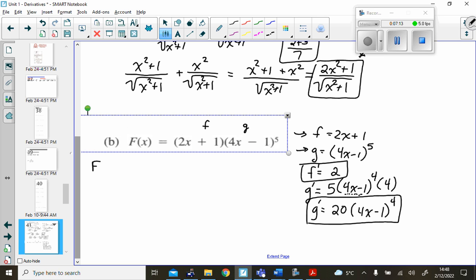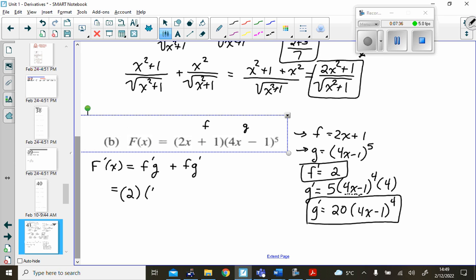To get the derivative of capital F, you do the product rule, which says derivative of the first times the second plus the first times the derivative of the second. Take the derivative of one thing times the other thing left alone, and then add them together. F prime is 2.